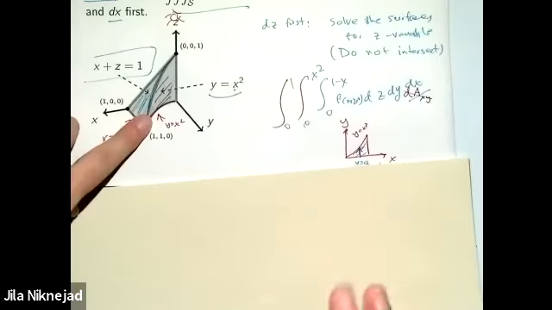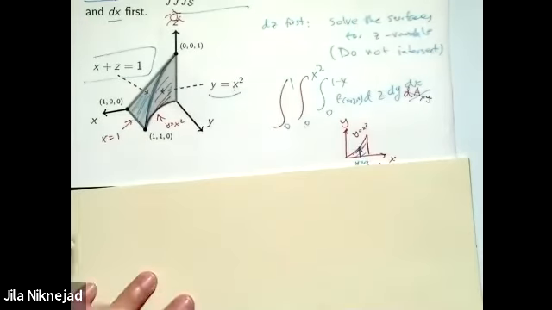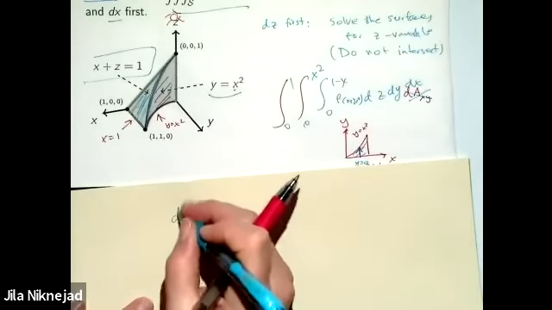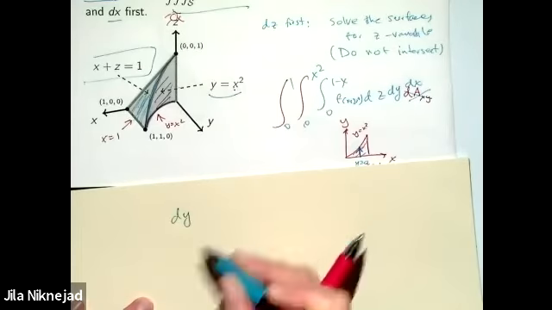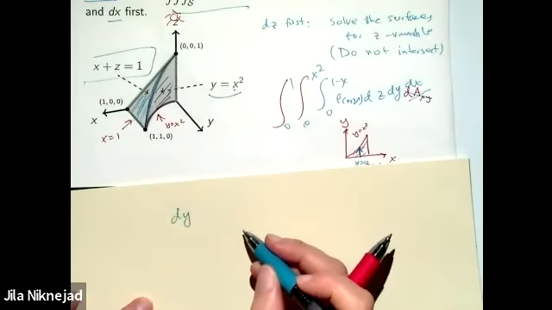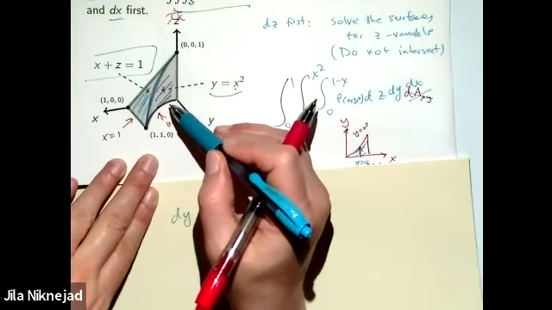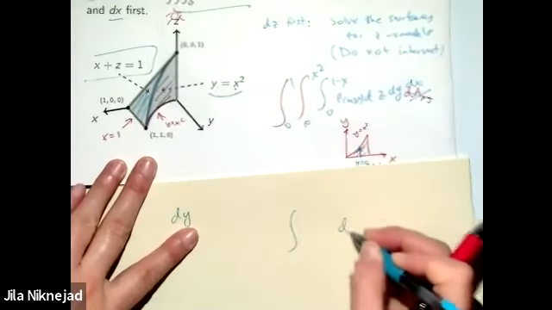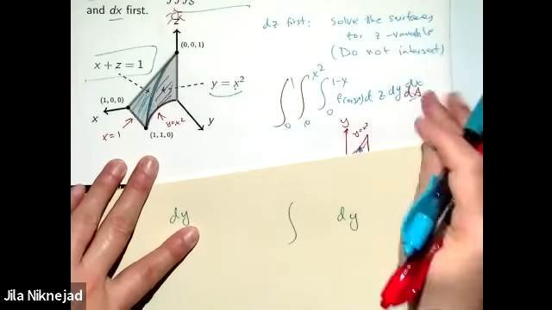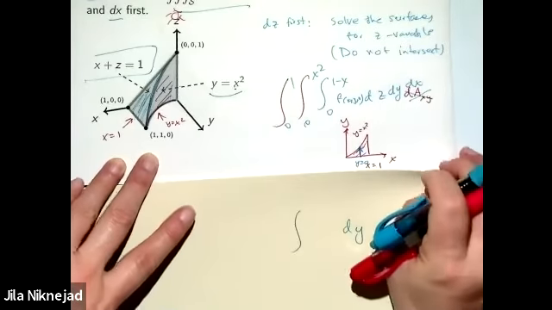Now, let's do dy first. When I go dy first, I look at the surfaces. We solve for y, but we don't intersect.